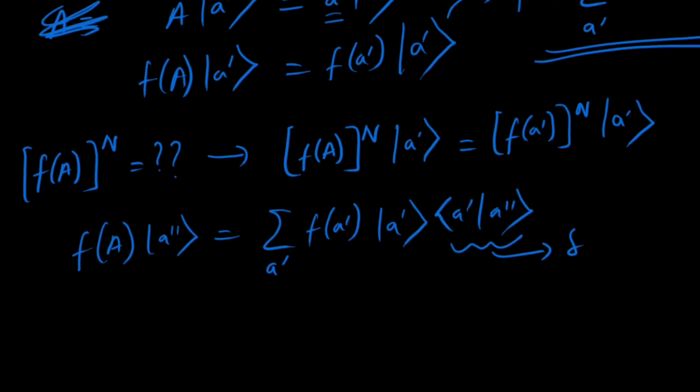And so here we get the Kronecker delta function. It will become 0 if a prime is not equal to a double prime, and it will only give us a value if a prime is equal to a double prime.